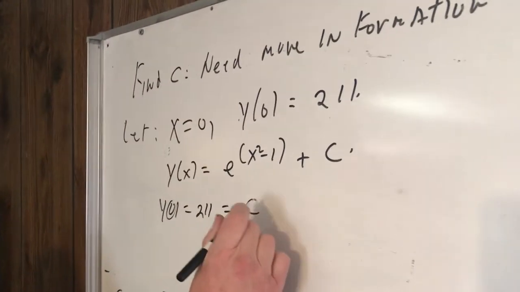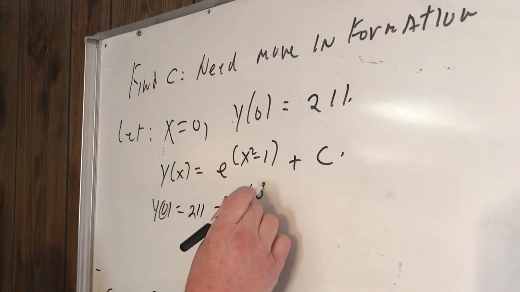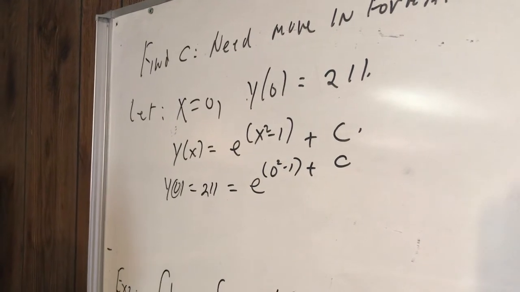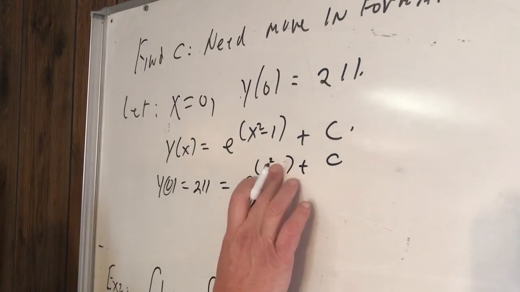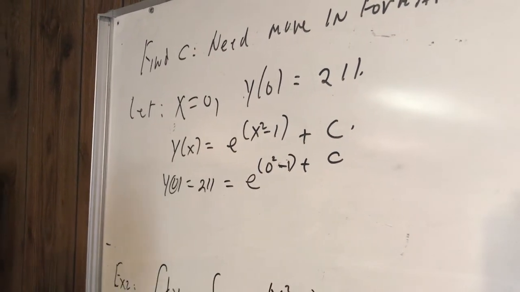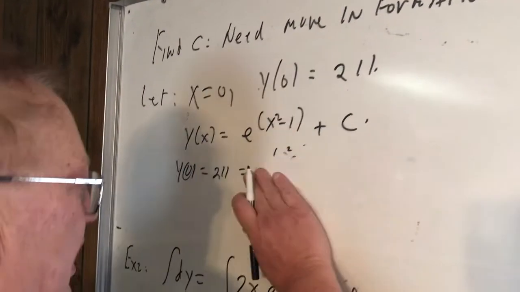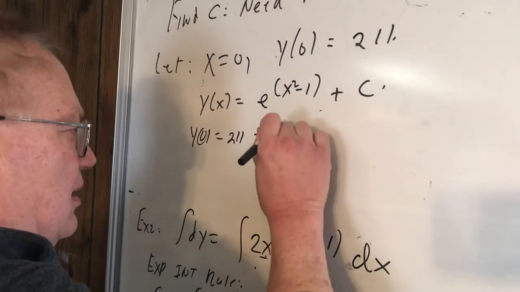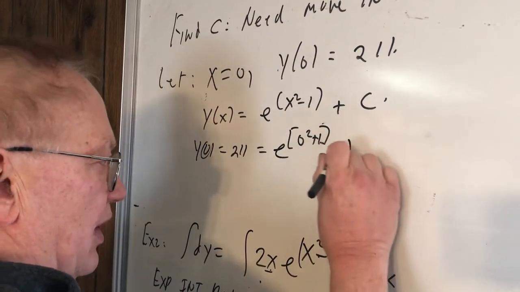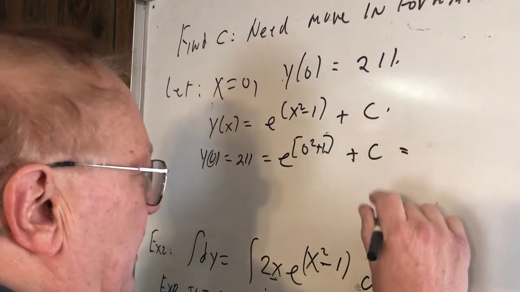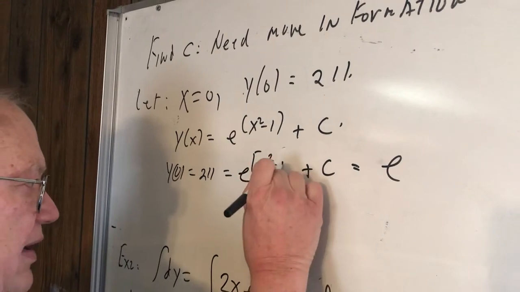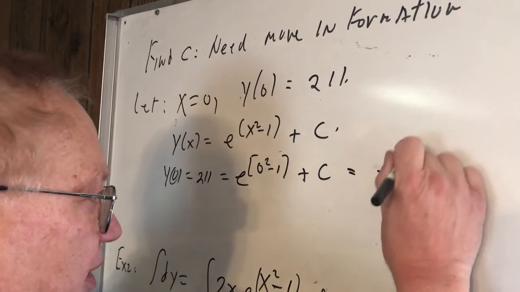Now this is going to be e to the 0 squared minus 1 plus c. All right, it's minus 1. And the plus c is not in the exponent, right? Yep, let's do that better. That's e to the 0 squared minus 1, sorry, e to the minus 1 plus c.